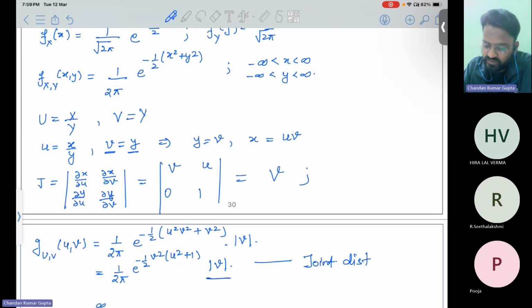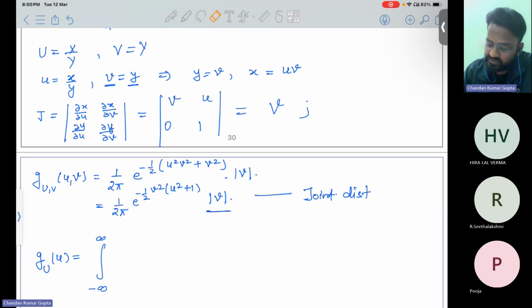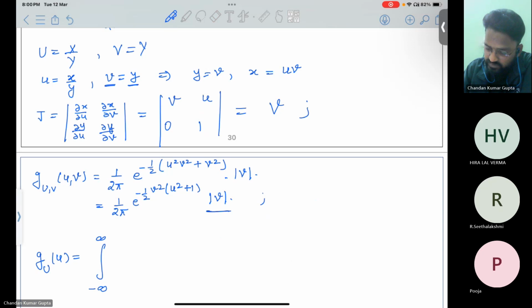And u equals x upon y, so it also comes out to be minus infinity to plus infinity.